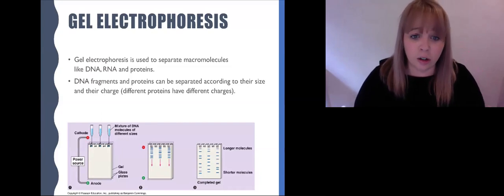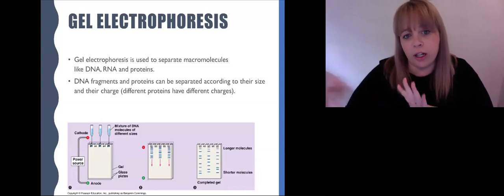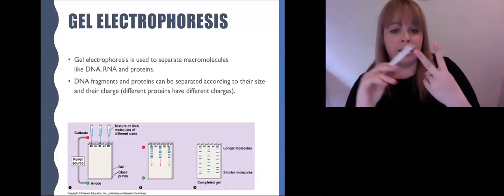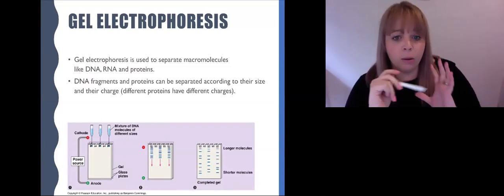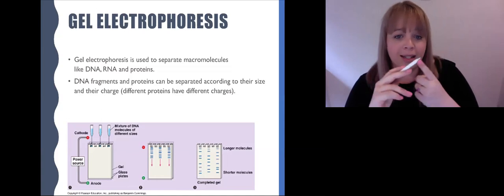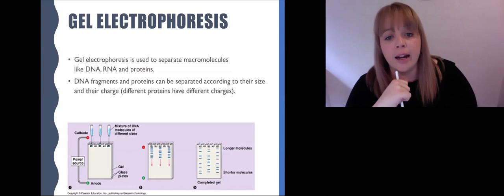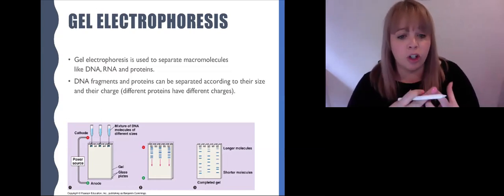And electro means it's got something to do with electricity, and the phoresis part is talking about the separation process. So it's using gel and electricity to separate out things. In particular, we talk about separating out DNA as our main one, but it can also separate RNA and proteins. So any of those biomacromolecules that have a charge.